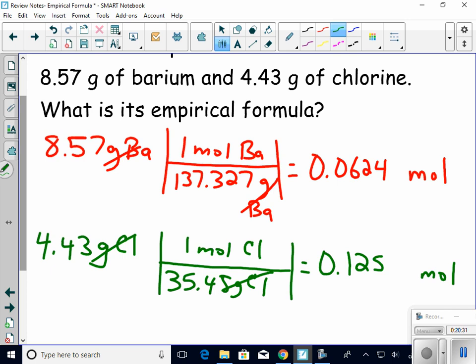Now, which one of those values is smaller? 0.0624. So I divide both of them by 0.0624.